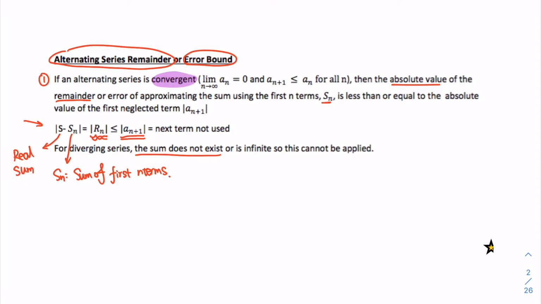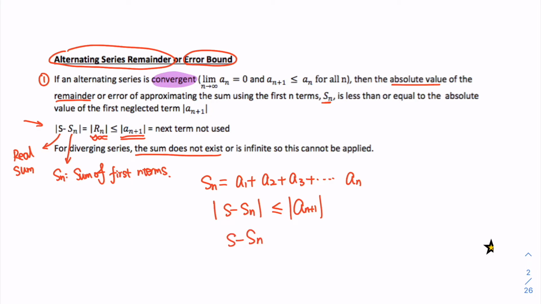Generally speaking, s_n equals a_1 plus a_2 plus a_3 and so on, the sum of the first n terms. And S minus s_n, which is the remainder, is less than or equal to the absolute value of the next given term, because sometimes it's positive, sometimes it's negative. So if we solve this inequality, S minus s_n is bigger than the negative and smaller than the positive.